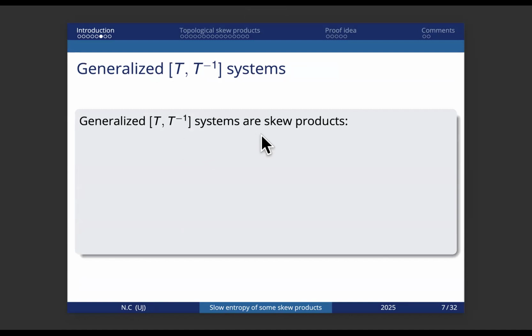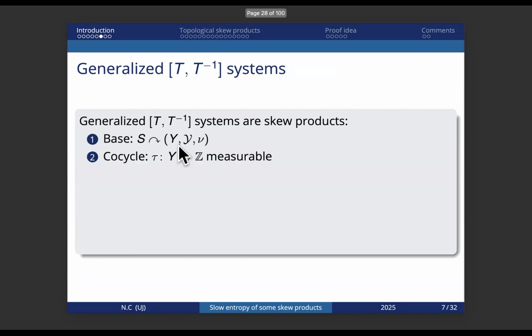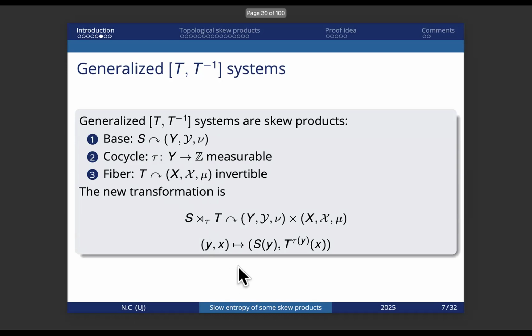So these systems are skew products, and in the base we have an arbitrary measure preserving system. And now we take a cocycle, which is a measurable function from the space Y to the integers. This is important. The fiber system is again an arbitrary invertible system.